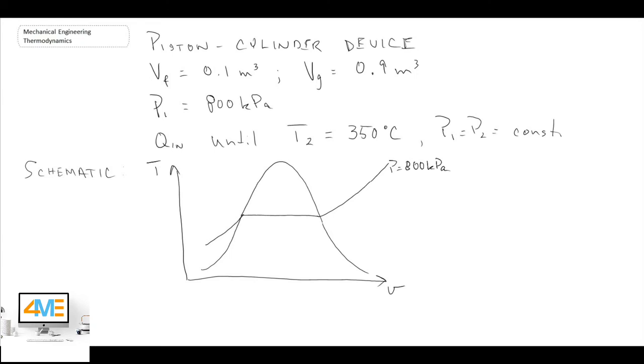So we start off with a mixture of both vapor and liquid, meaning that we're somewhere in the two-phase region where we don't know. So I'll just denote that with 1, and it's someplace in the middle of the two-phase region there.